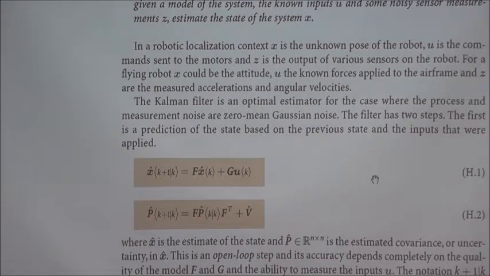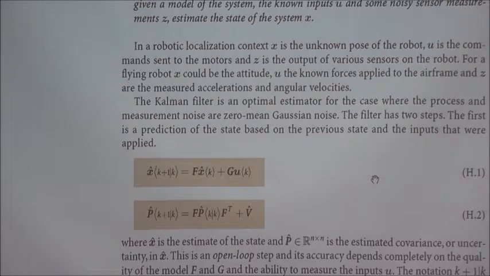So, Kalman filtering has a tremendous slew of applications. When Apollo was trying to go to the moon in the 1960s, you needed to keep correcting the location of the rocket going toward the moon.